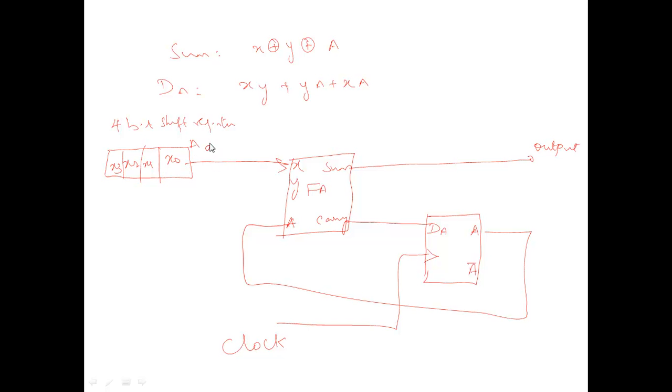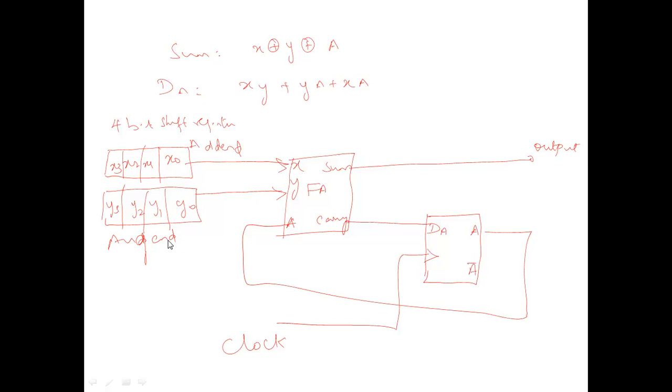This is for the addend bit, and for the augend bit similarly you have another 4-bit shift register, Y3, Y2, Y1, Y0. This is for the augend bit.